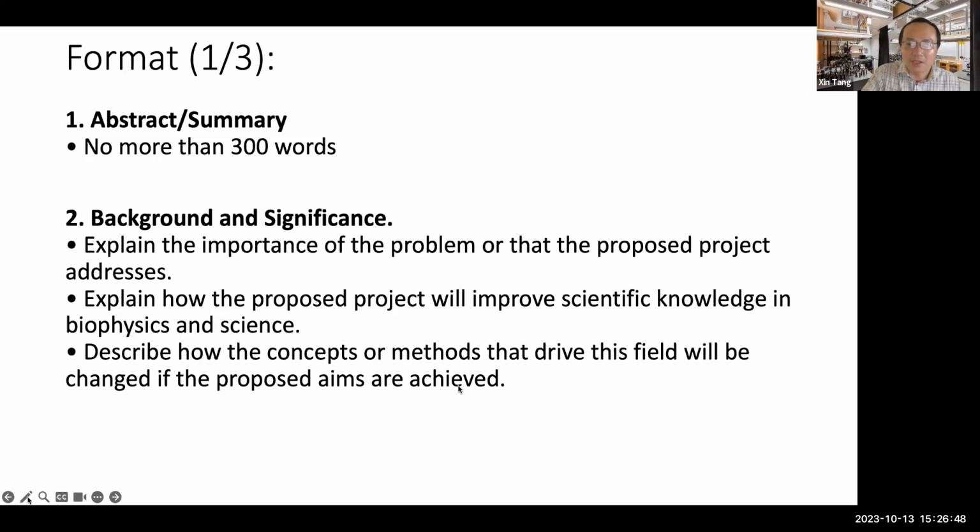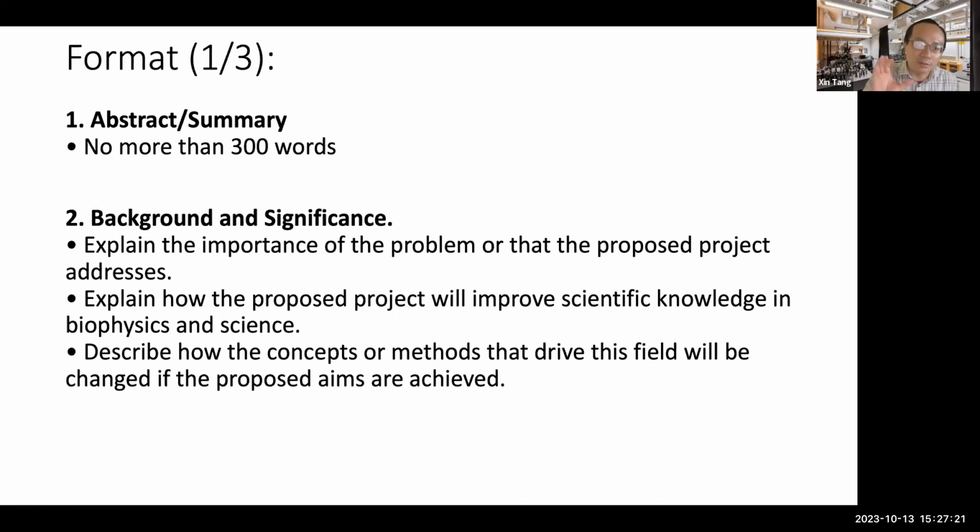And then describe how the concepts and the methods that drive this field will be changed if the proposed aims are achieved. This is specific to the first point I mentioned, the method. If you want to propose some new technology or new method to tackle a scientific question, then you need to convince people why this new method, if it can be developed, can drive the field forward. In other words, why it can shift the current paradigm.